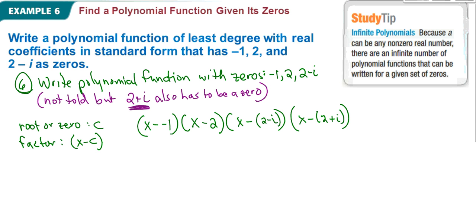So I'm just going to make that back into a plus. And the way that I'm going to do that is I'm going to multiply those two and multiply those two. That's going to take me a little bit. So let's distribute that out. x times x is x squared, minus 2x plus 1x, or plus x, and then minus 2. And oh, I'm not even ready to multiply that one. I want to distribute that first.